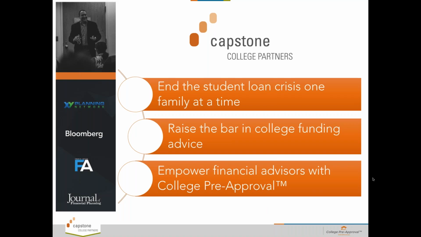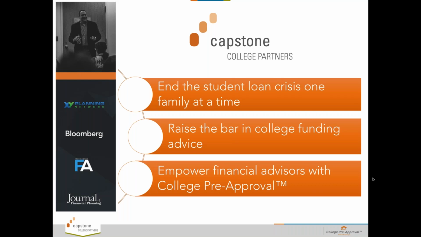So I want to provide a little context on who Capstone is and what we do. Really what drives everything that we're doing is our mission to end the student loan crisis, one family at a time. Our belief is that to do that, we really need to raise the bar in college funding advice across the industry. So we have a tremendous amount of free resources.